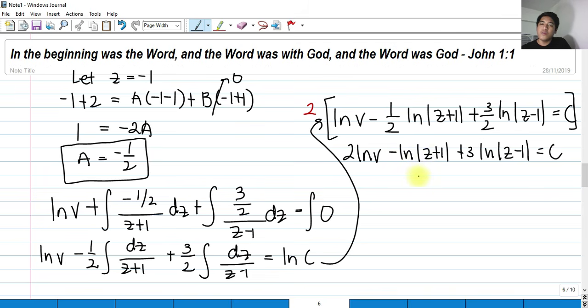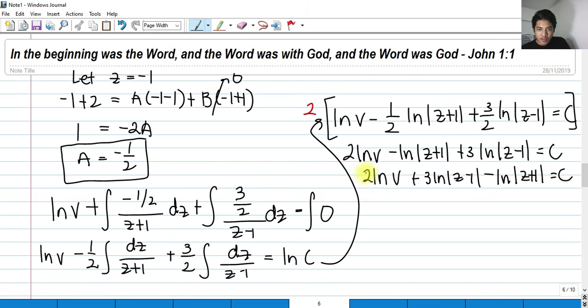Now, you have to recall the properties of the natural logarithm. If we rearrange, 2 ln b plus 3 ln of z minus 1 minus ln of z plus 1 is equal to c. If we have an addition in natural logarithm, we can multiply the terms inside.